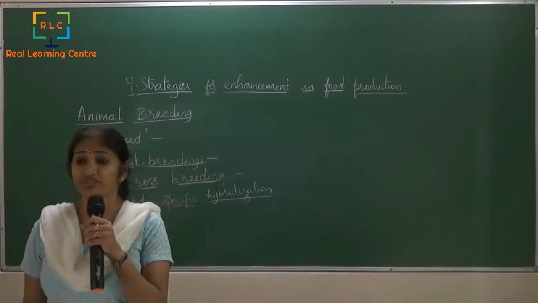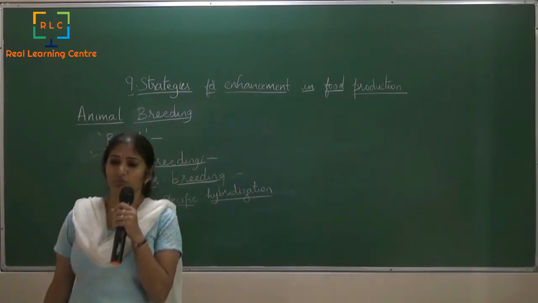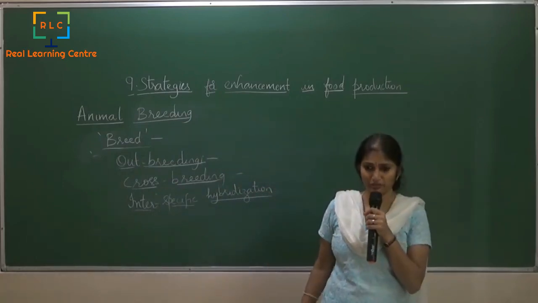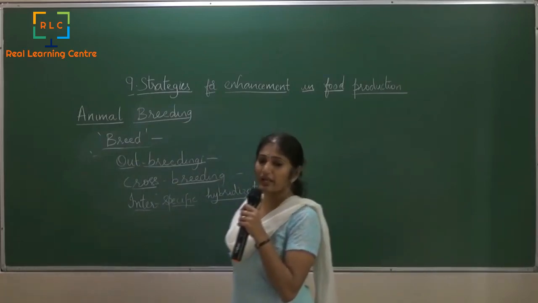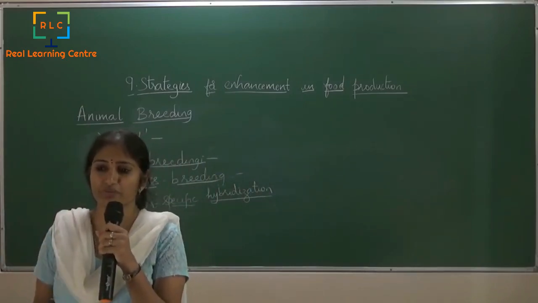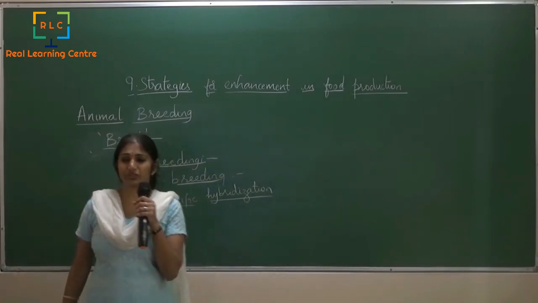Now, what exactly is interspecific hybridization? Here we take a male and a female animal, and these male and female animals are from two different species. There are two different species which are getting mated.